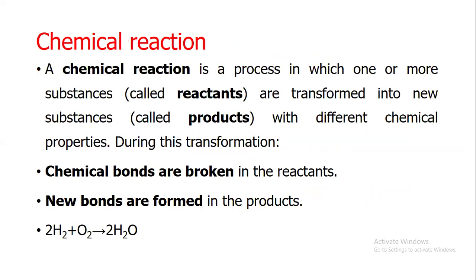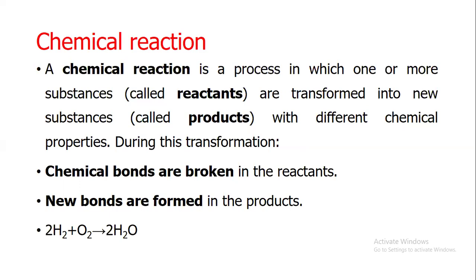A chemical reaction is a process in which one or more substances called reactants are transformed into new substances called products with different chemical properties. During this transformation, chemical bonds are broken in the reactants and new bonds are formed in the products.